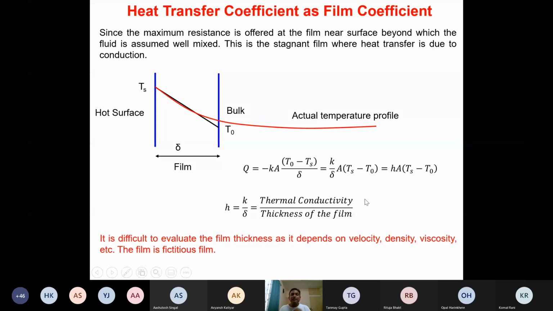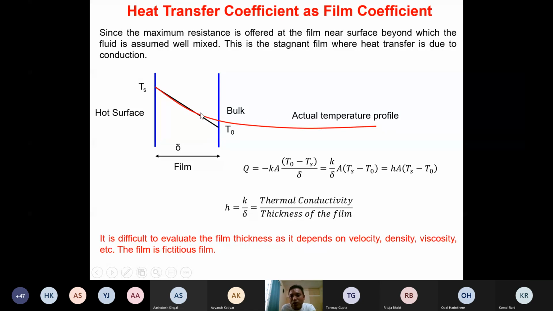Okay. Again, another important thing to note here is the film is a fictitious film. When I'm saying the film is a fictitious film, it means in a real situation, the film is not stagnant, and the exact boundary is not there. The way I have shown the boundary is not there. In fact, the actual temperature profile, if you look at, will be shown by the red line, isn't it?